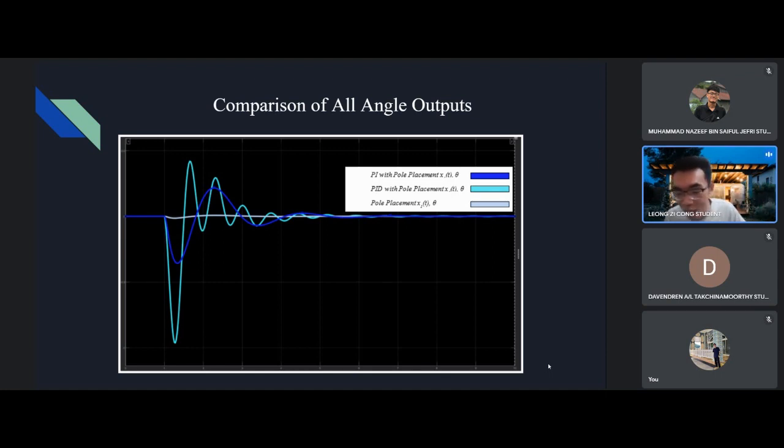It doesn't have overshoot but undershoot. Yeah, so that's all for our analysis and discussion of our results.